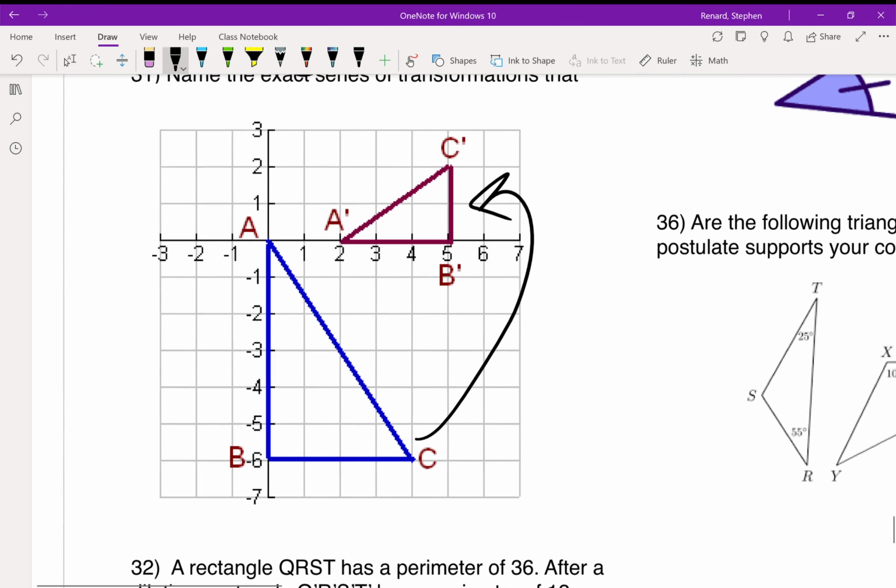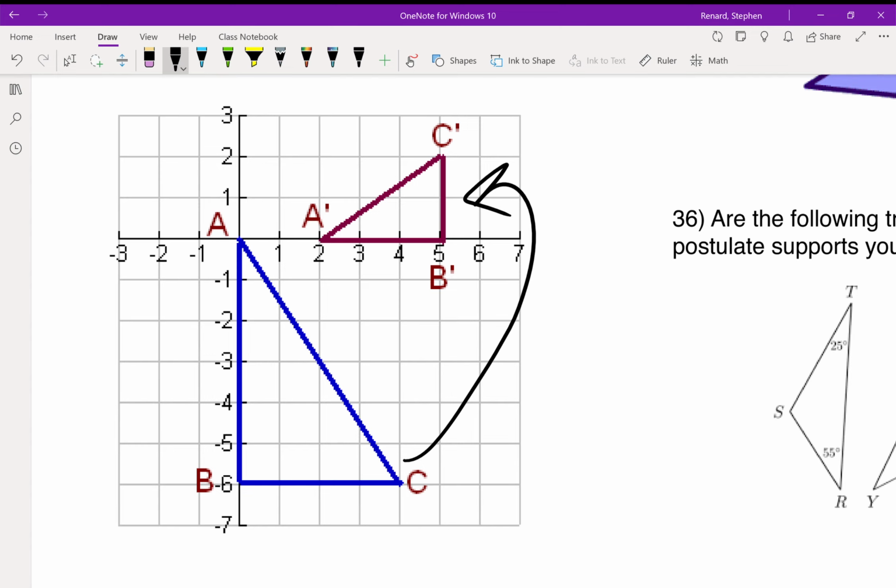Anyway, if we rotate it 90 degrees, then our points A, B, C are (0, 0), (0, -6), and (4, -6).